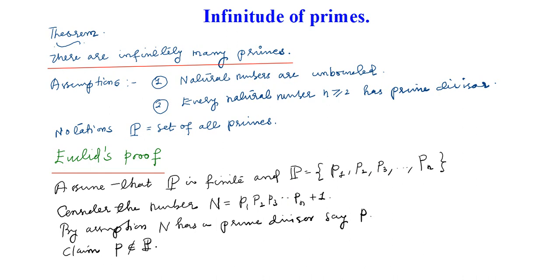Of course we use the second assumption, every natural number has a prime divisor. So by assumption N has a prime divisor, let us assume it is p. Now our claim is that p does not belong to this finite set.